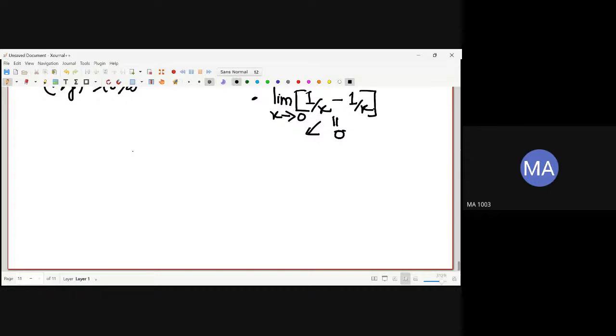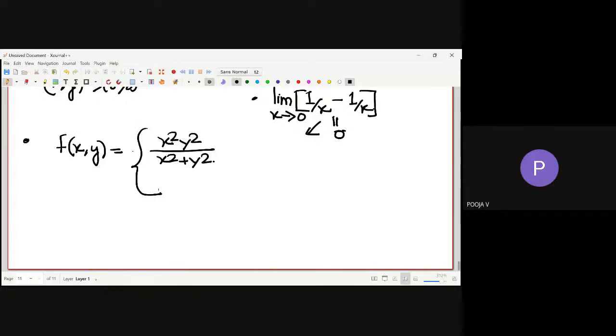Can you take an example with square roots, like in the denominator using the square root? It depends, because for that I have to know whether the limit exists or not.